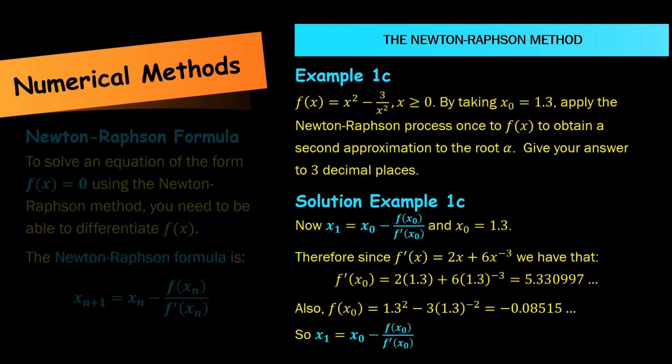Now we can apply this to our formula for x1, because this is equal to x naught minus f of x naught divided by f dash of x naught.